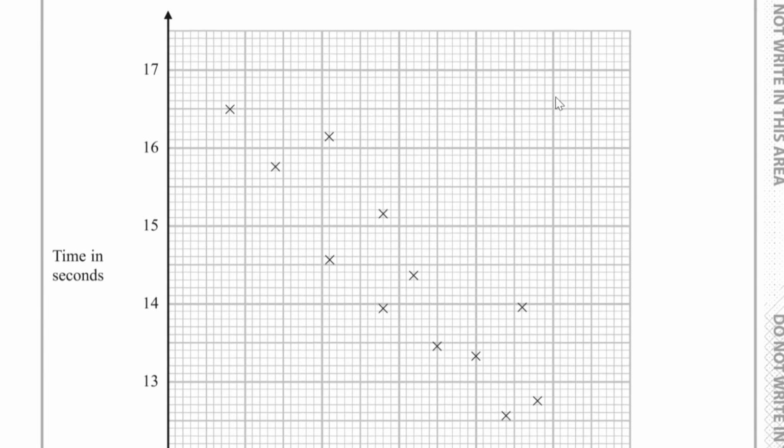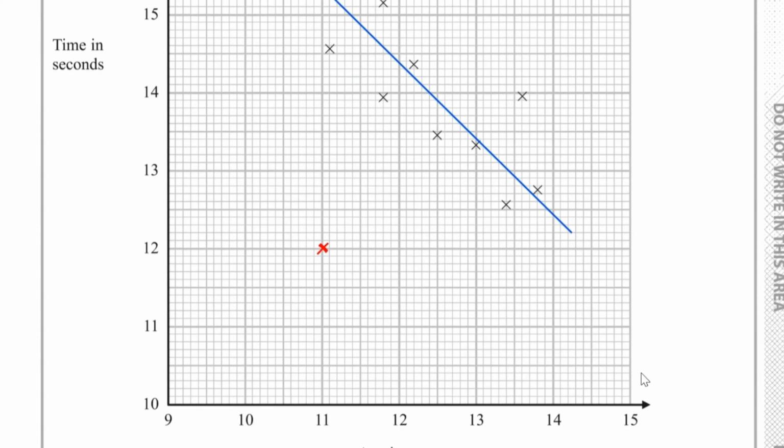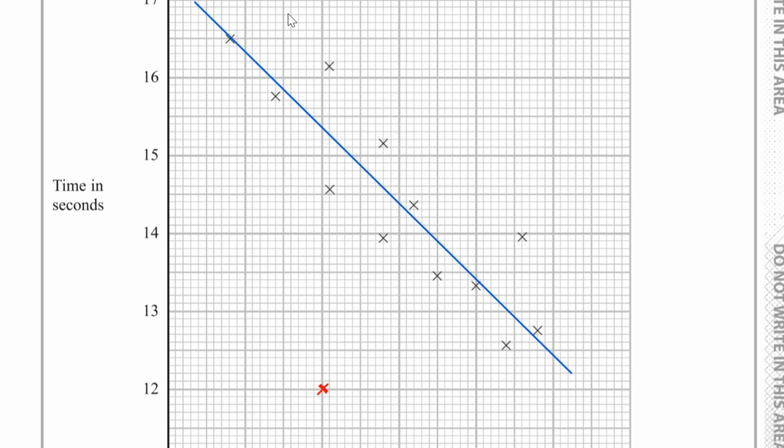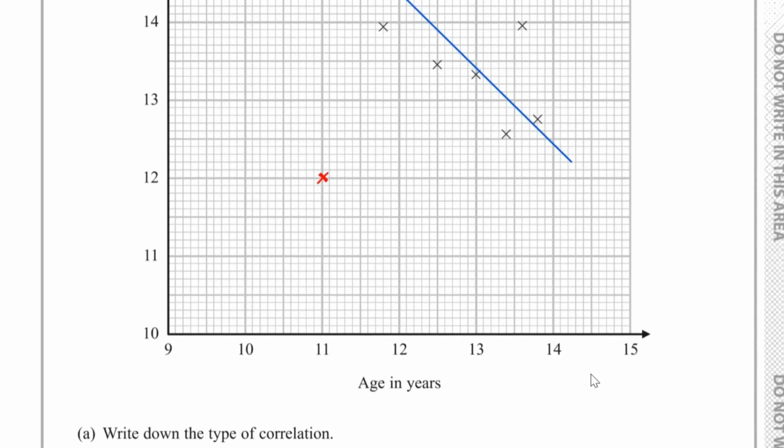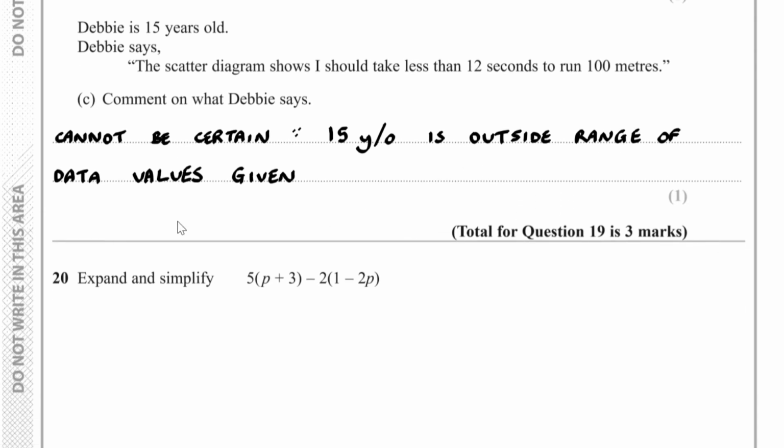If I draw a line of best fit to begin with, something looking like this, then taking a look at the data I've got so far, 15 years old is outside of the range of data values given, so we cannot be certain.